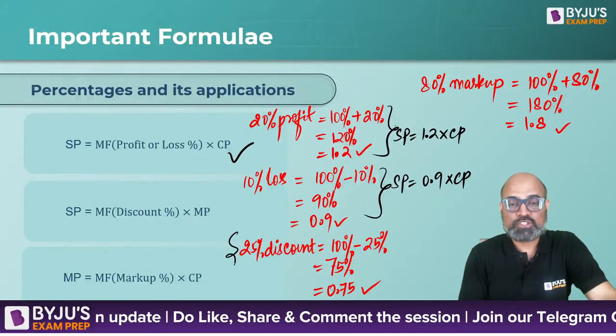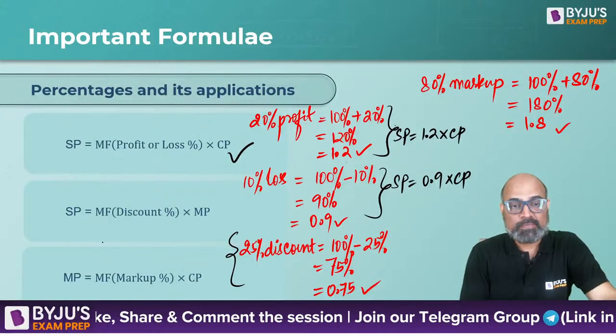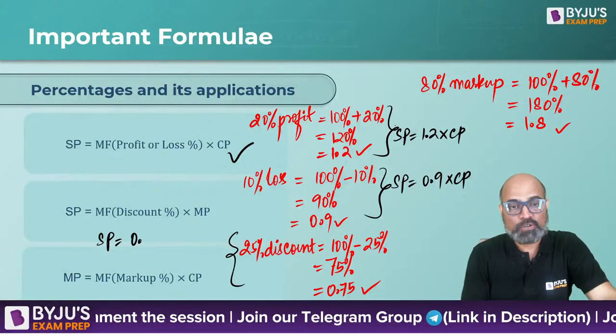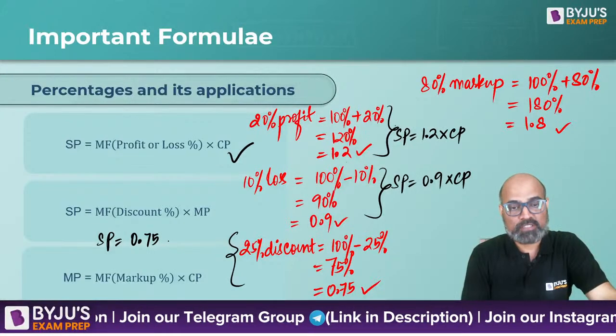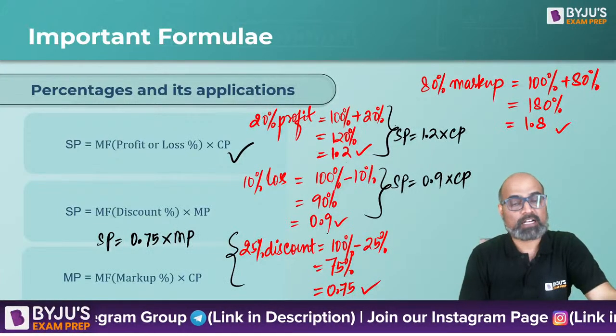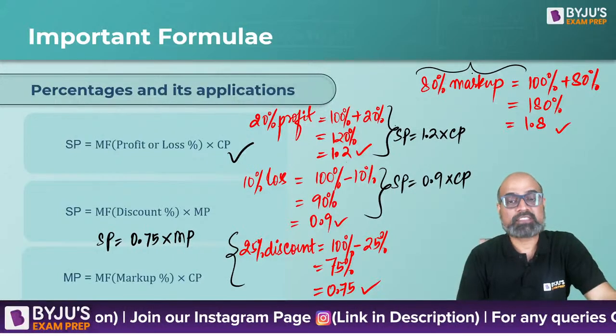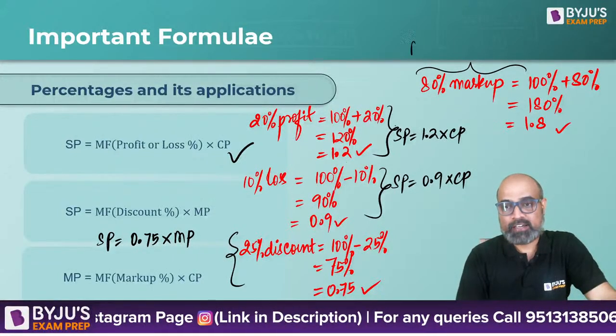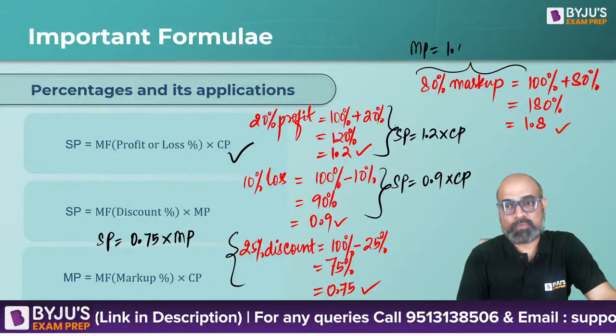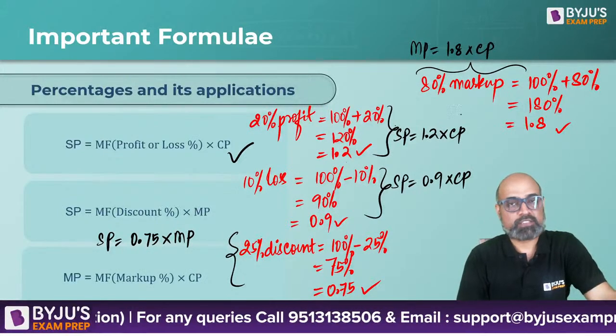When it comes to discount, we will be writing selling price is equal to multiplying factor of discount percentage into mark price. And when it comes to markup percentage, you are going to write mark price is equal to multiplying factor into cost price.